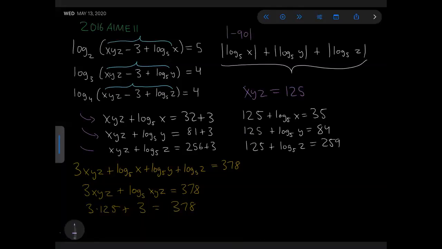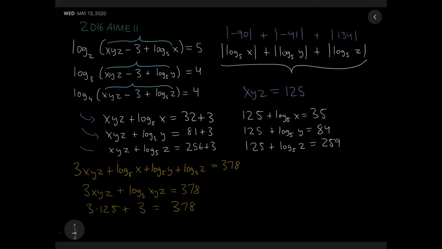Take the absolute value of 90. Plus log 5 y is going to equal negative 41. Log 5 z is going to equal 134. You sum this all up and you get 90 plus 41 plus 134, and this is going to equal 265.